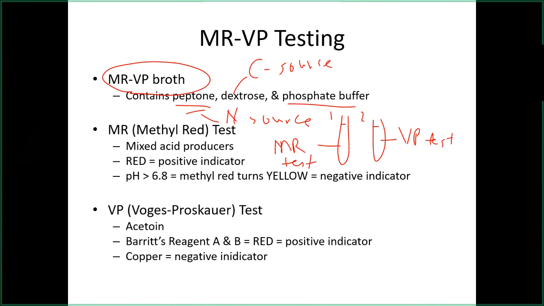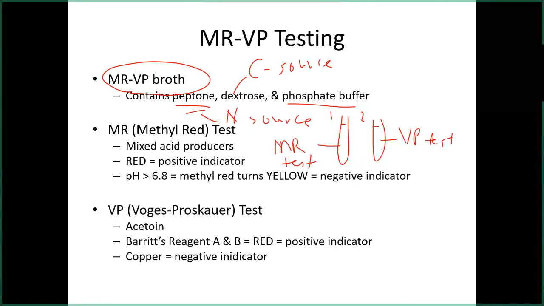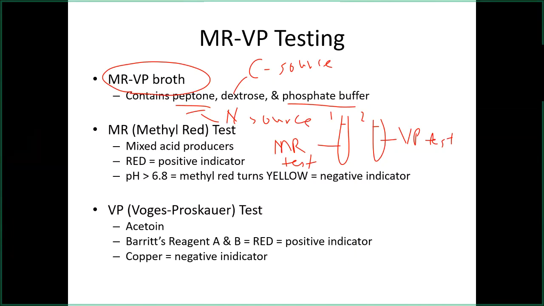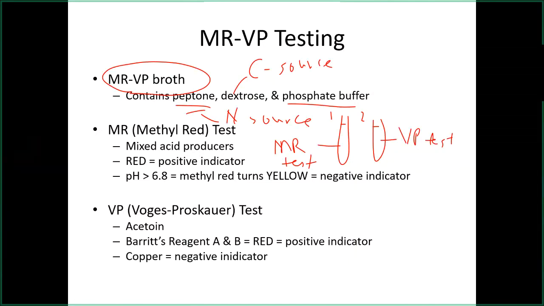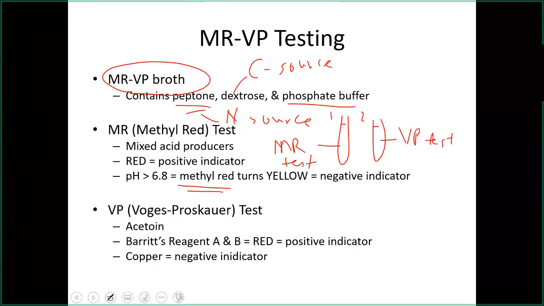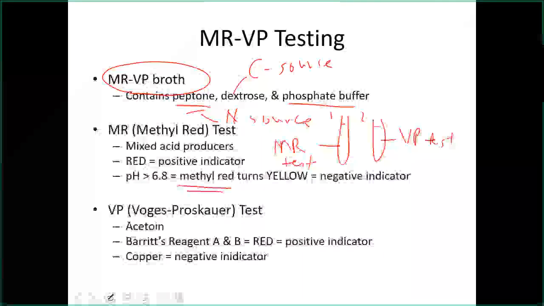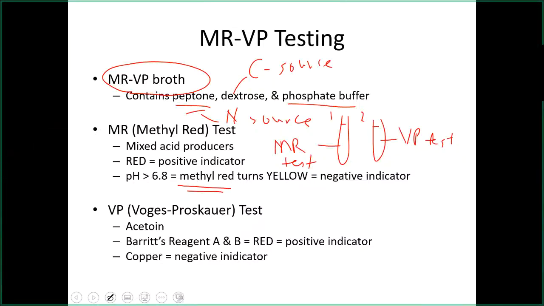All right, so the methyl red test is simple. Once you get some growth in some MRVP broth, it takes about a day for that to happen. You can add very simply this substance known as methyl red. Right, and this is a pH indicator. I talked about phenol red earlier, and then there was the neutral red in the MacConkey agar. This is a different one of those substances. This is methyl red. And methyl red is weird.